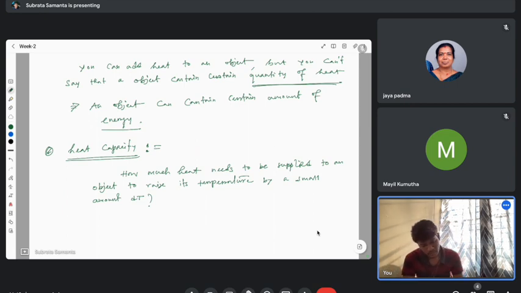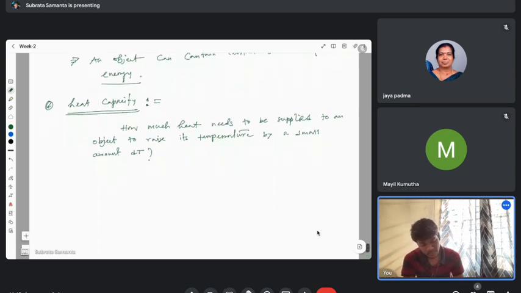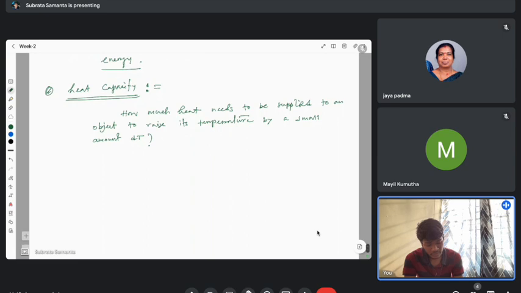So it does not mean that a system contains a certain amount of heat. That is not possible. Heat is always energy in transit. So heat is added or supplied to the system to raise its temperature by a small amount dT.